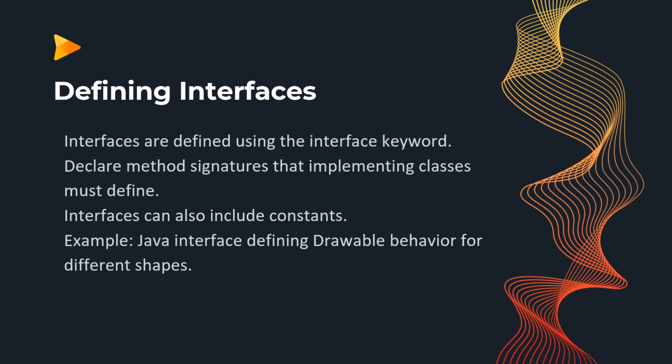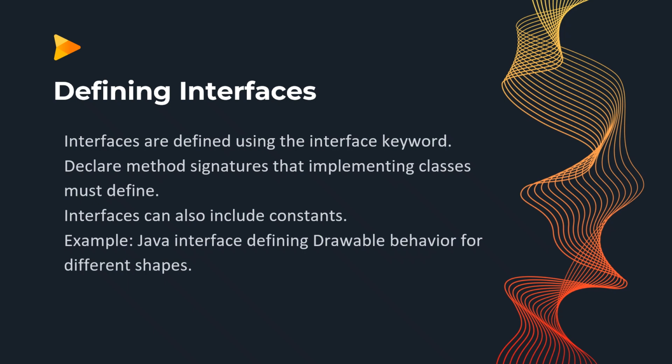Now we are going to see how to define interfaces. Interfaces are defined using the interface keyword. Like we use the class keyword to create a class, there are different types of keywords. For creating an interface we just use interface and give the name of the interface like a class.